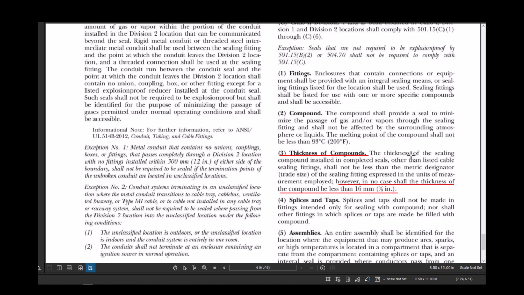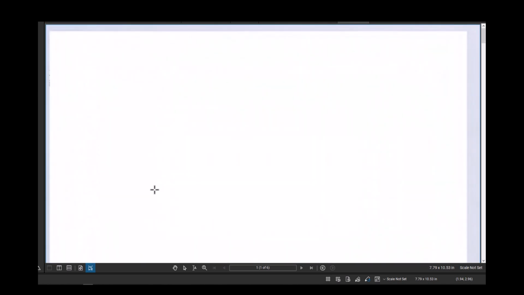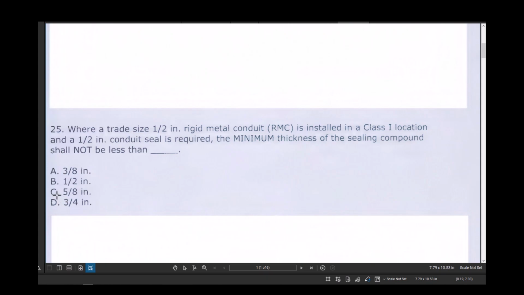When you read through, this says the thickness of the sealing compound installed in completed seals, other than listed cable sealing fittings, shall not be less than the metric designator of the sealing fitting expressed in the unit of measurement employed. However, in no case shall the thickness of the compound be less than 5/8 inch. And this is what we're looking for. If we go to the answers, it shouldn't be less than 5/8, which is C.